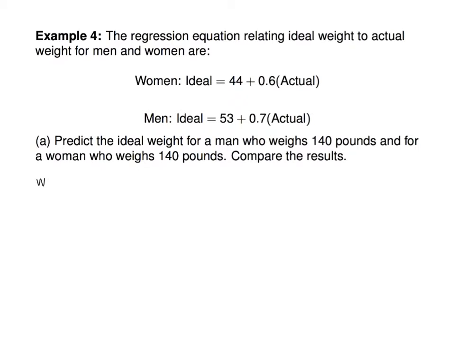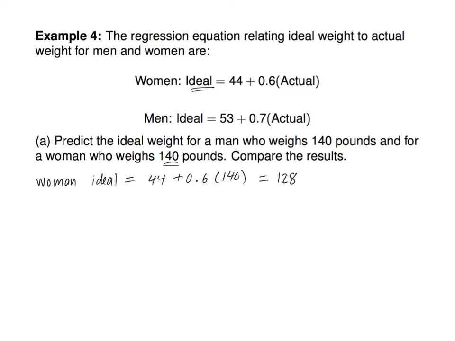So for the woman, we're going to predict her ideal weight if she actually weighs 140. Does that make sense? Okay. So 44 plus 0.6 times 140. I got 128.